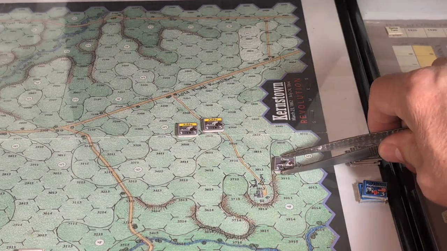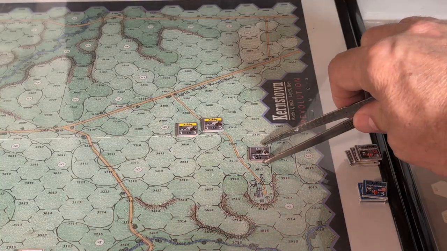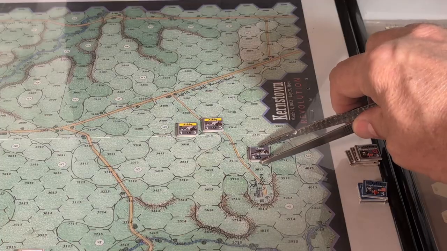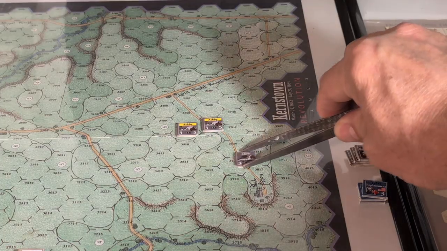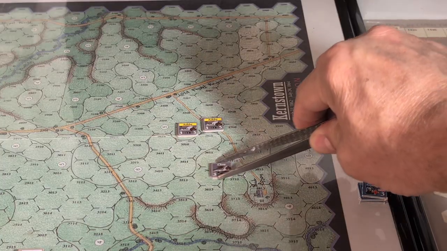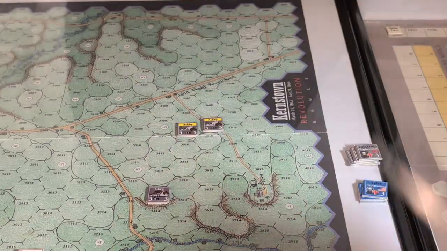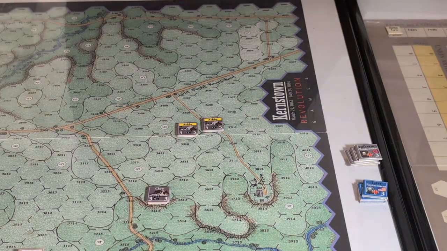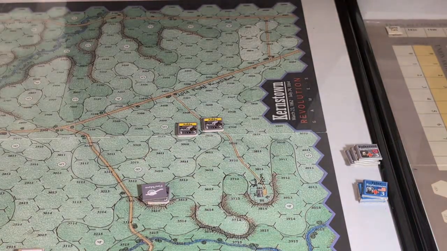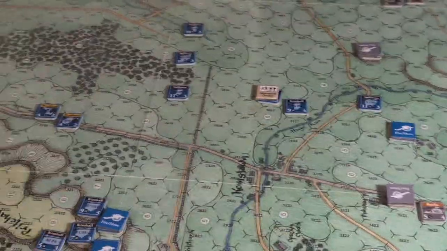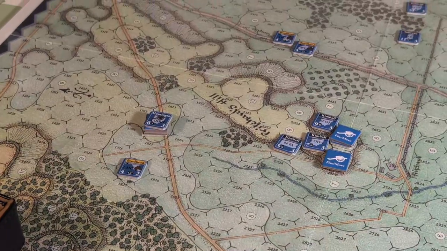One, 2, 3, 4, 5, 6, 7, 8. Okay. Okay, they've got Huntington here.